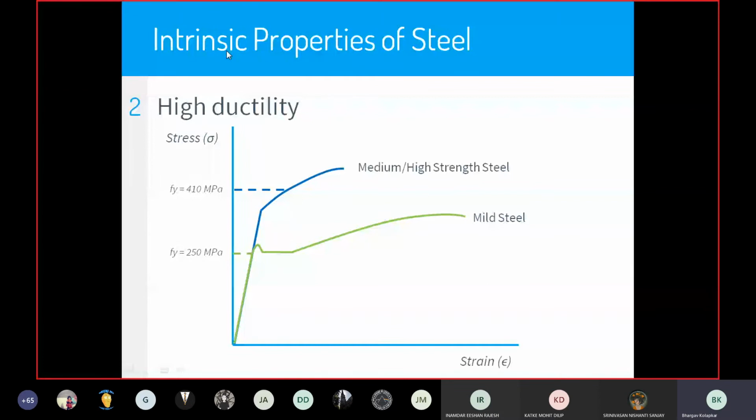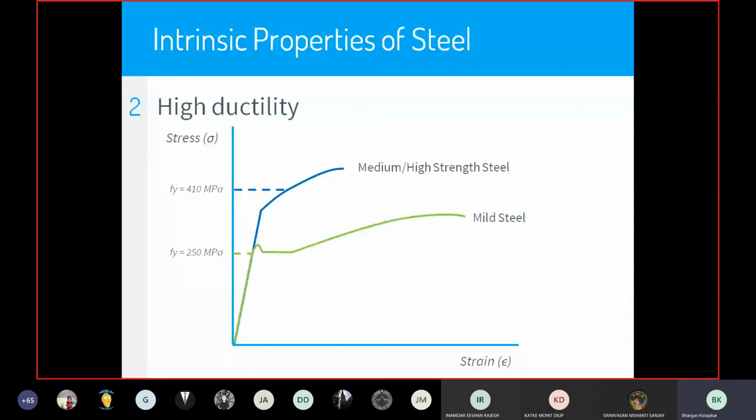High strength steel has a higher strength as compared to mild steel, but mild steel has a higher ductility as compared to high strength steel. This happens because a high strength steel has a higher component of carbon content.